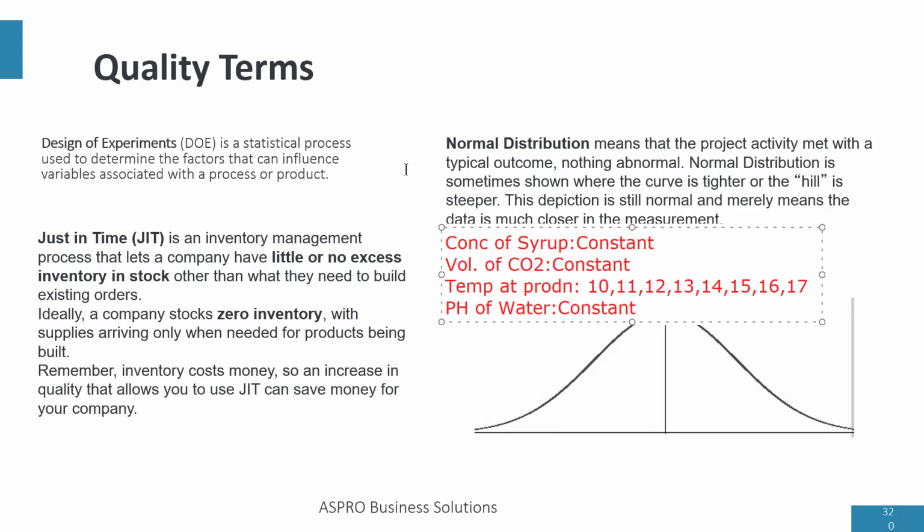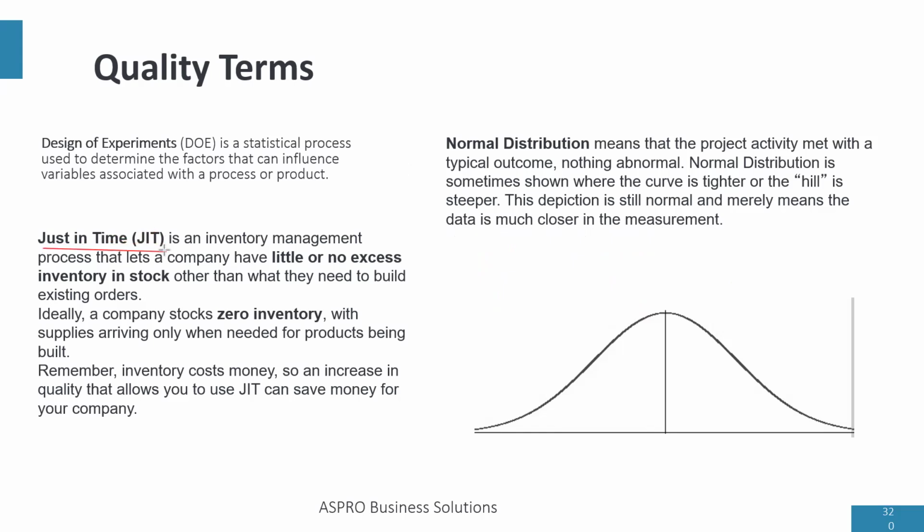Now, just-in-time is an inventory management system where the inventory comes in time. It lets a company have little or no excess inventory in stock other than what they need to build existing orders. A company will stock zero inventory with supplies arriving only when needed for products being built. Now, what does this really mean?